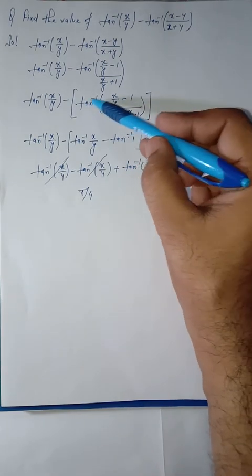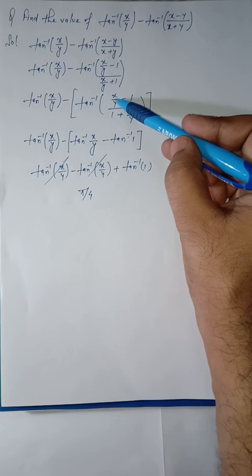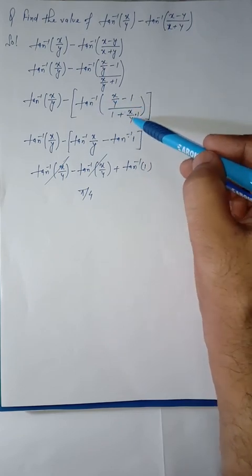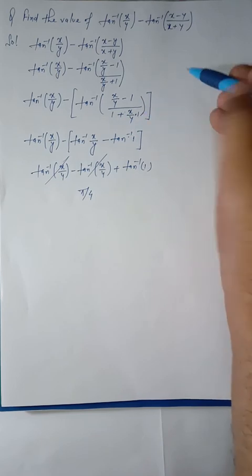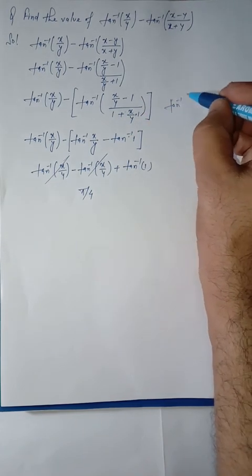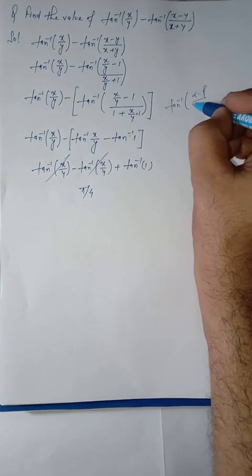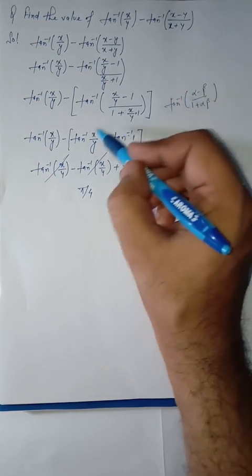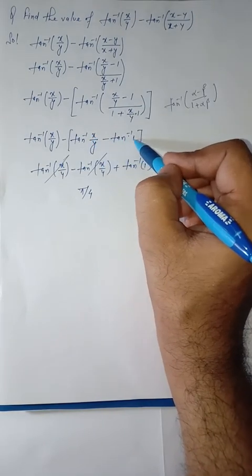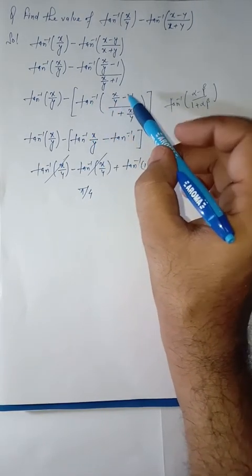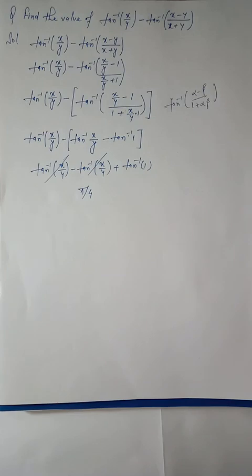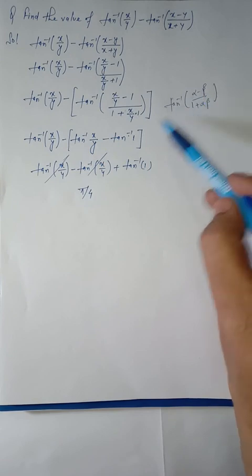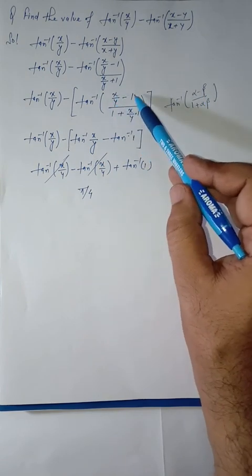See here, assume this is alpha and this is beta. So tan inverse of alpha minus beta upon 1 plus alpha beta. So we can write tan inverse alpha minus tan inverse beta, as a separate formula, because alpha is x by y and beta is 1.